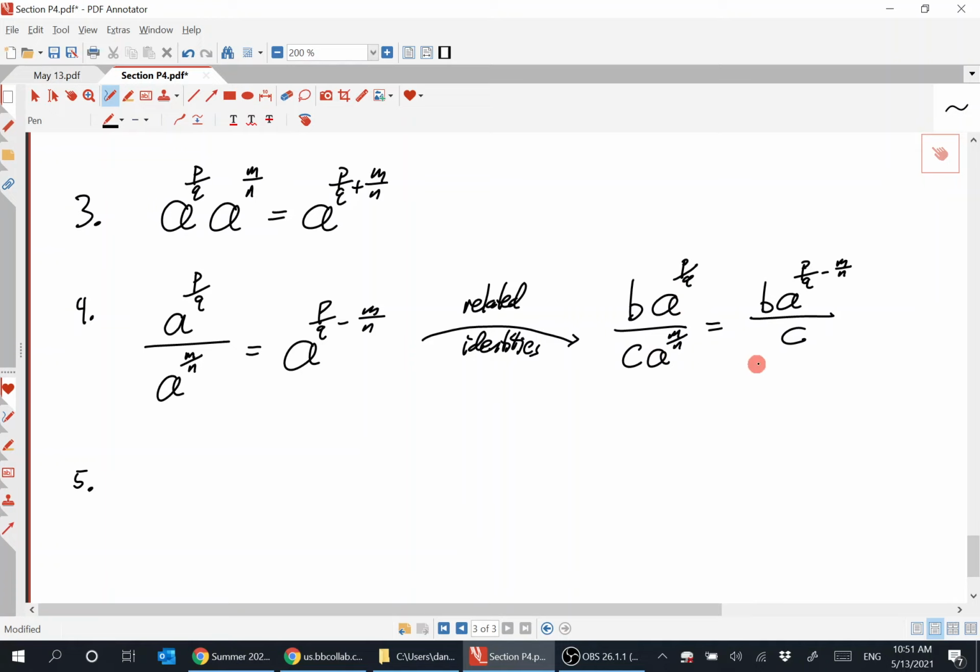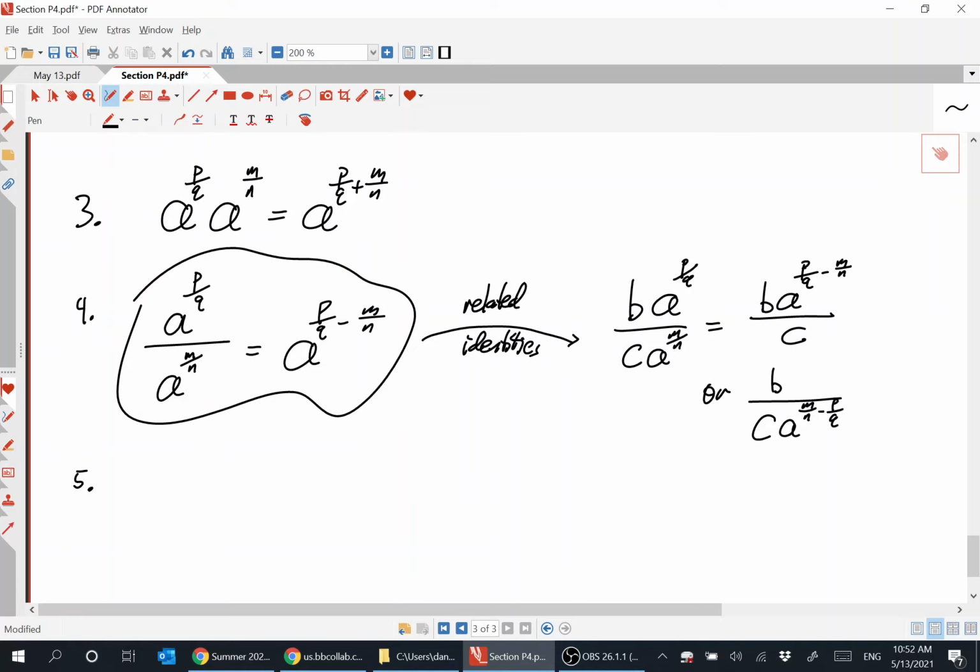So you can cancel on the top, or you can cancel on the bottom, or b over c a to the m over n minus p over q. All right, so we think of canceling common factors on the top and bottom, and that idea gets used more often than just straight using this one. So we'll call them cancellation identities.